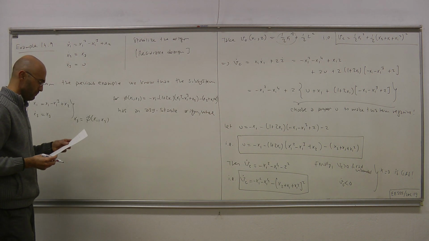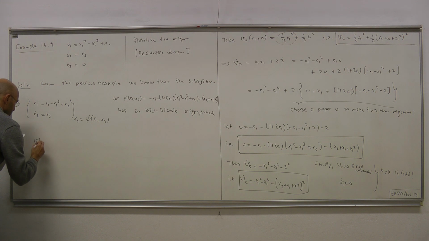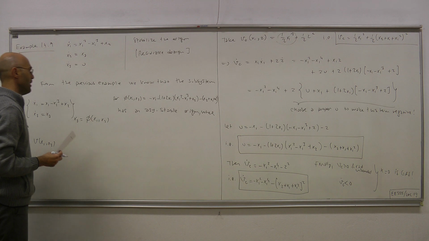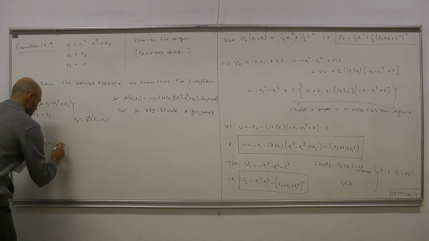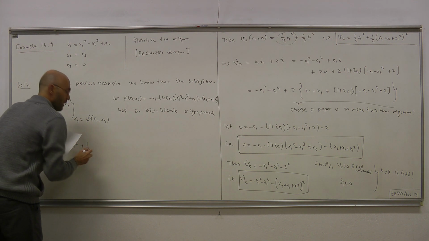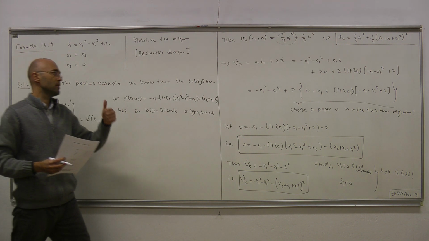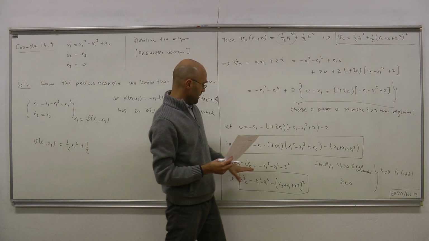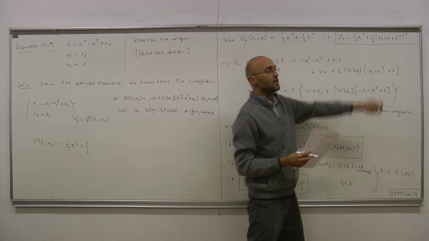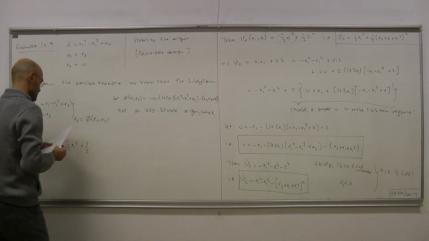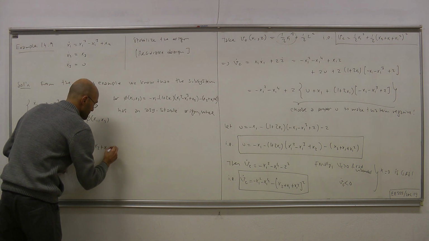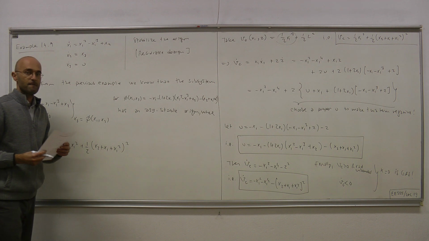That asymptotic stability can be established by the Lyapunov function 1/2 x1 squared plus 1/2 z squared, with z from the previous example, which in terms of x1 and x2 is given here as 1/2 (x2 plus x1 plus x1 squared) squared.